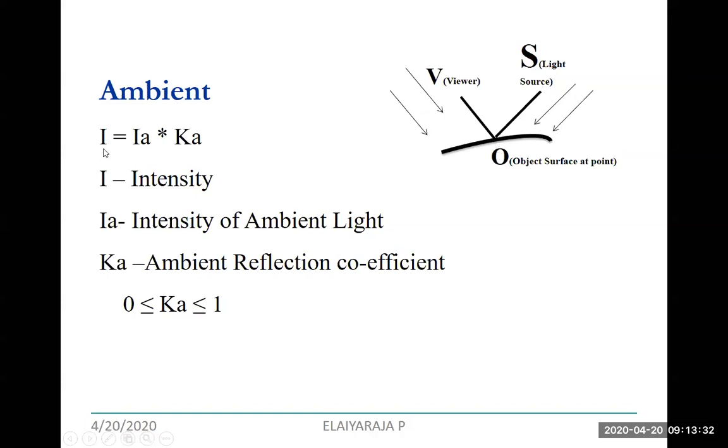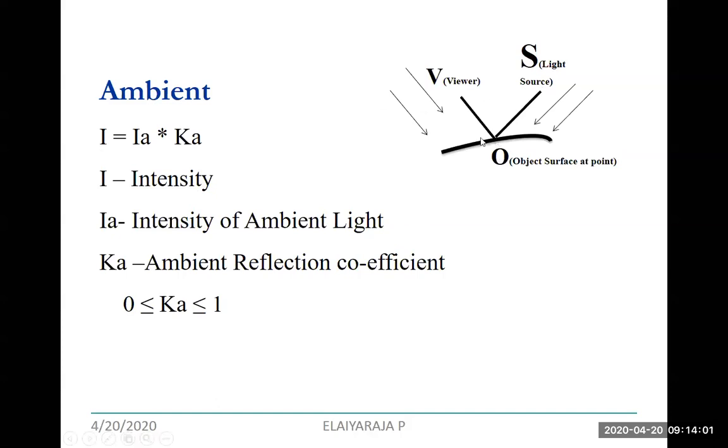So intensity is equal to your ambient light intensity and the reflection coefficient, which spreads all over as ambient, right? The ambient reflection coefficient value should be between 0 and 1. So you calculate how intensely it touches the particular surface.